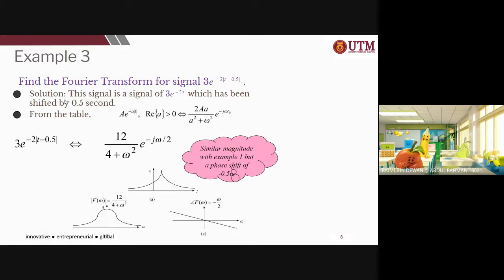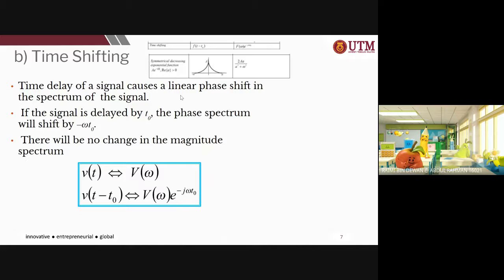So here is an example: find the Fourier transform for signal 3e negative 2t minus 0.5. First of all, you need to find the common signal. The common signal is actually shown in the table. It is 3e negative 2t, right? If you see from the table here, it is actually this function, symmetrical decreasing exponential function with the t inside.